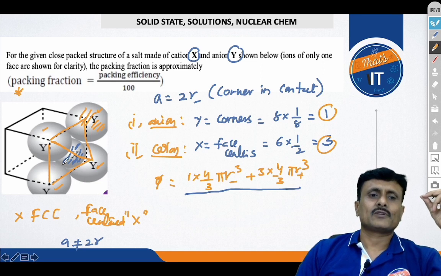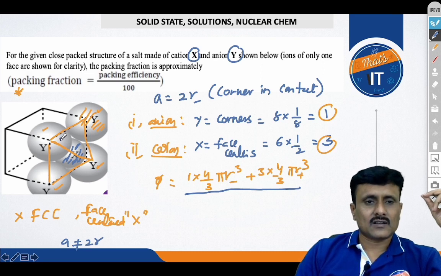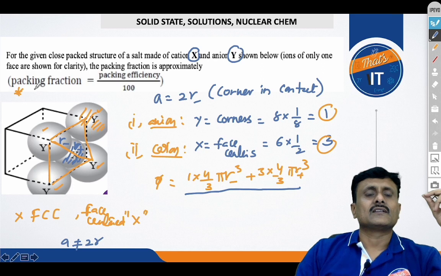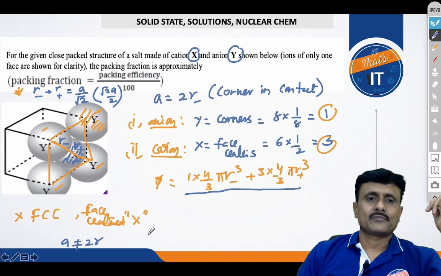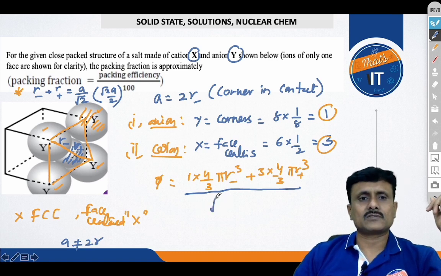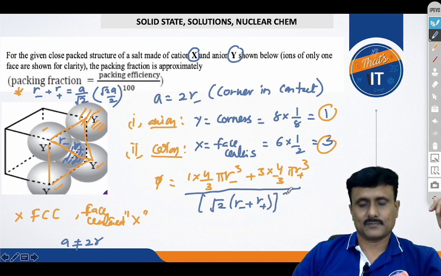Based on that, I can draw a relationship between this R minus and this R plus. So you can see that R minus plus R plus is equal to A by root 2, that means half of the length of the face diagonal. So A is equal to root 2 into R minus plus R plus whole cube.